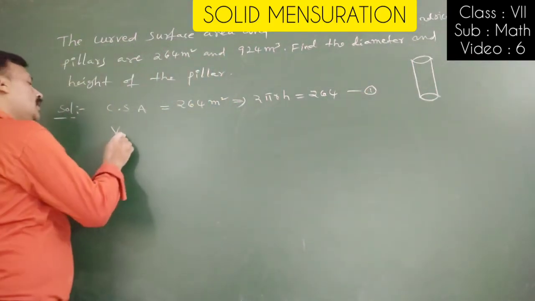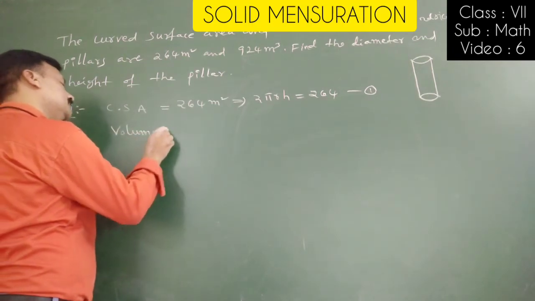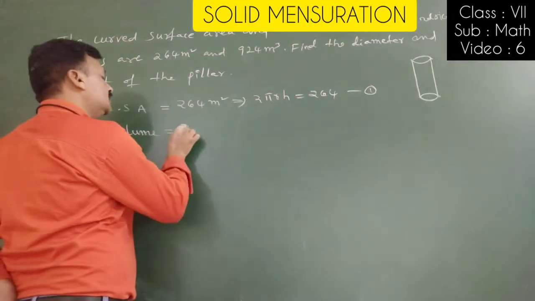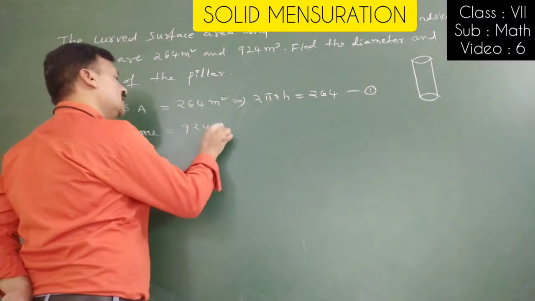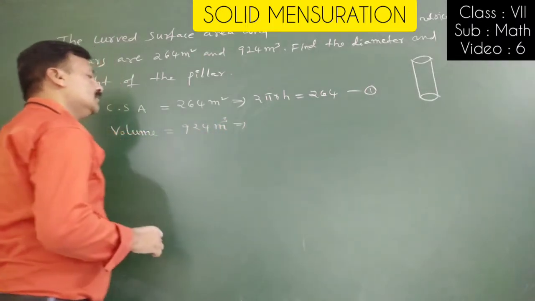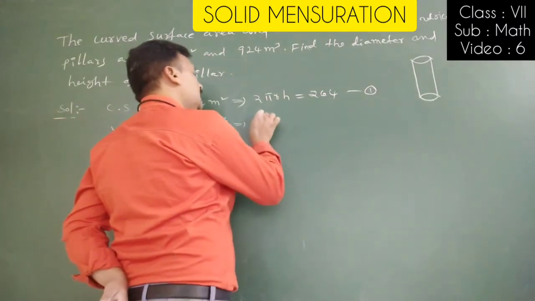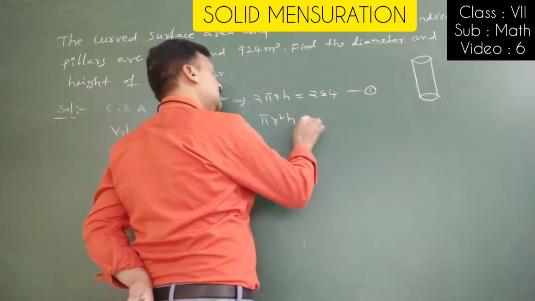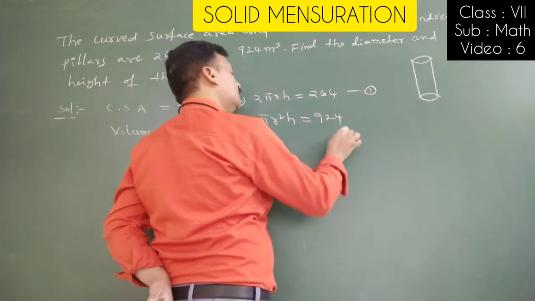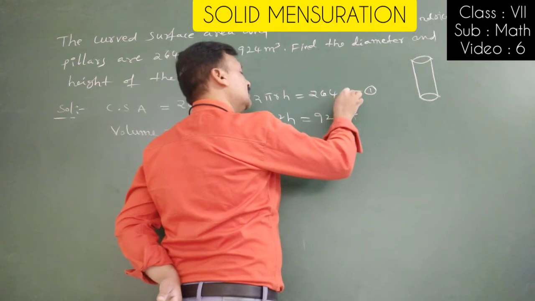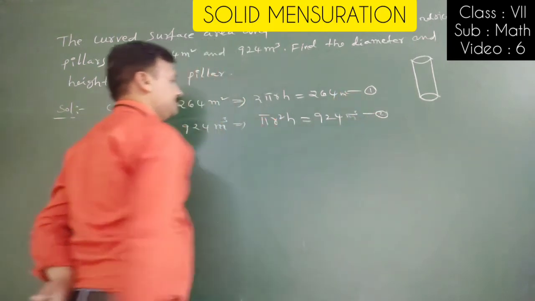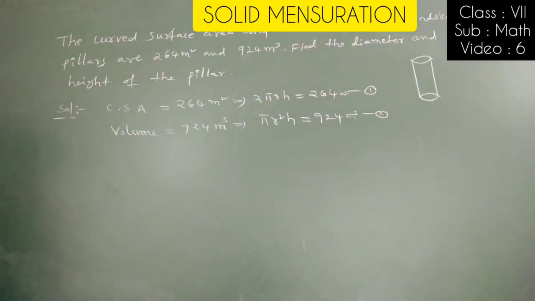Next, volume. Volume is 924 meter cube, they gave. Volume is pi r square h equal to 924 meter cube. That is the second one. Now we need to find its h and r.